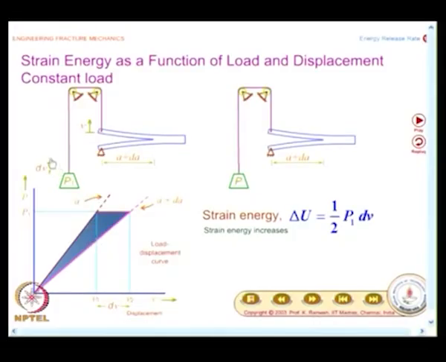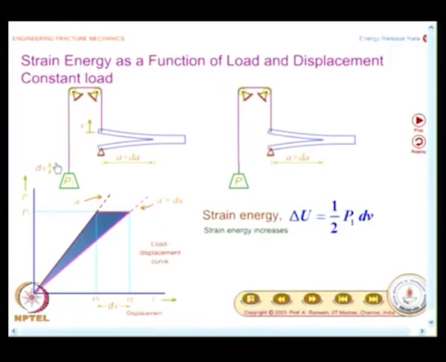Not only this, you have an external load, and the external load has moved by a finite distance dV. And what is the work done in the process? Is it half of W into dV or W into dV? There is a subtle difference.